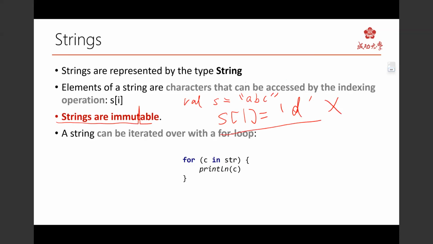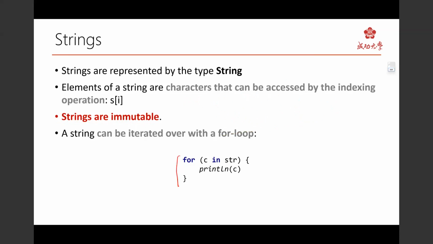That's what immutable means. And one interesting thing to know about strings in Kotlin is that a string can be iterated over with a for loop like this. Using this for loop, we can iterate through each character in the string str. This for loop format is kind of like the foreach loop in C#.